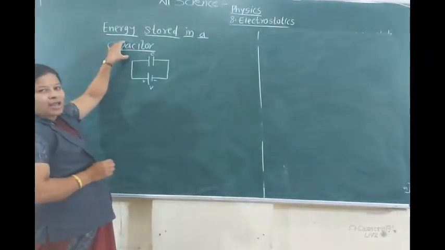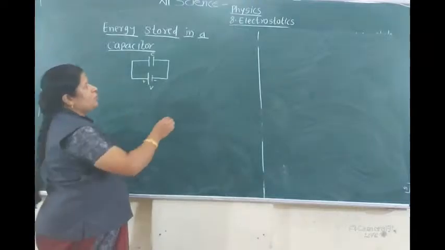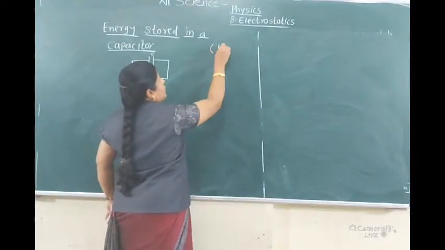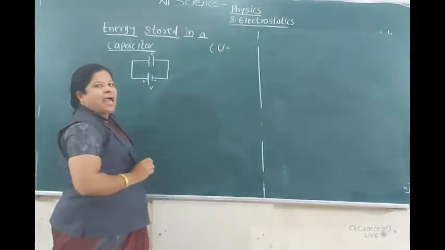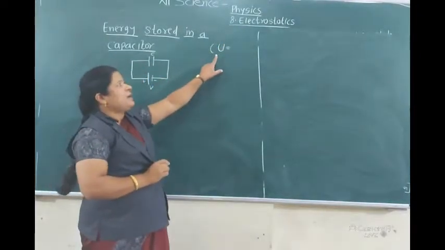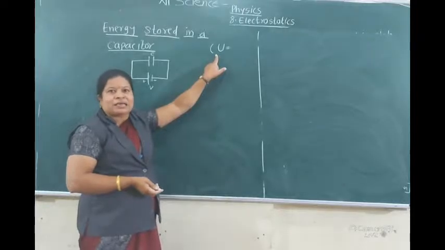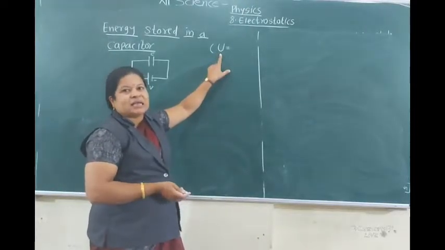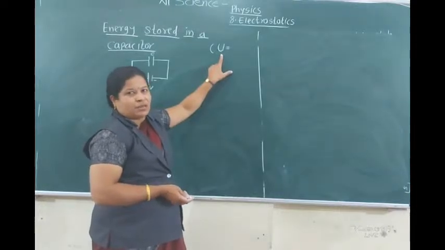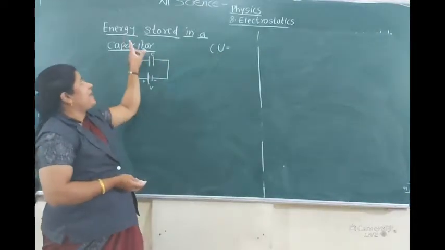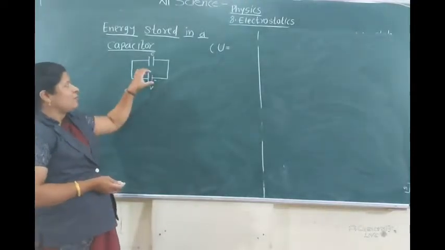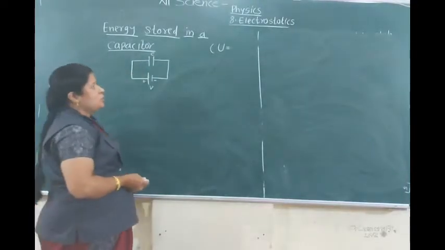We know that for electrostatic energy we use the letter U, and we learned earlier that the energy stored in a dielectric or in a material is a type of work done. So for finding the energy, first we have to find out the work done by the capacitor.